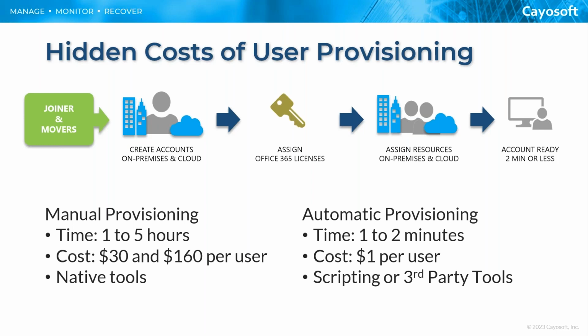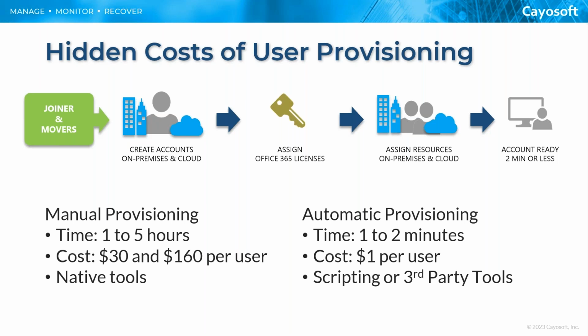If you do one a year, that's not that big a deal. You'll probably suffer with it. If you have 10% turnover like many companies do and you have a larger company, then suddenly that's real money. That's a couple of salaries per year. So it might be worth the investment in scripting or finding a third-party tool to do that automatic provisioning.